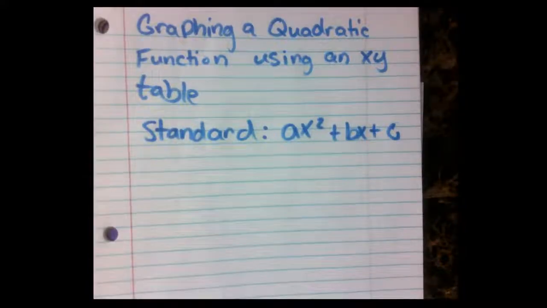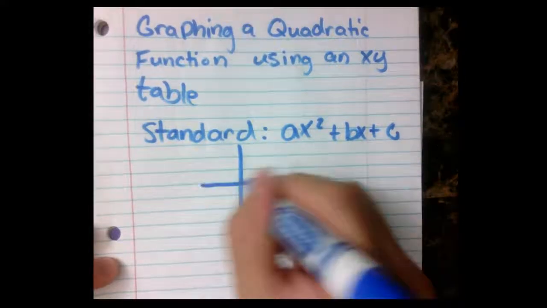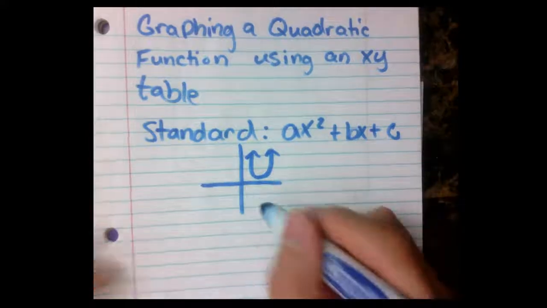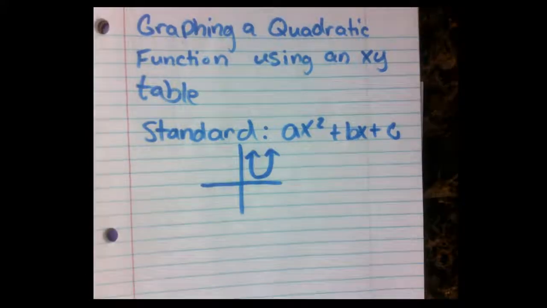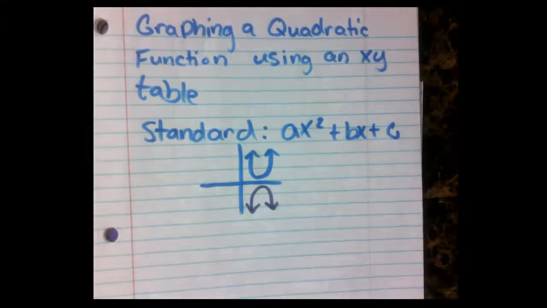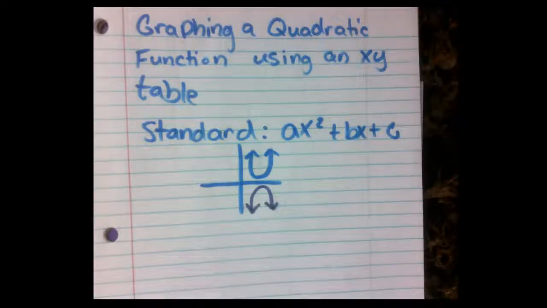When you graph a quadratic function you're going to get a U. It may be facing upwards, it might be facing downwards. It just depends on your given problem. It could be over here as well; it doesn't have to be on the right. I just happen to draw both of mine on the right.